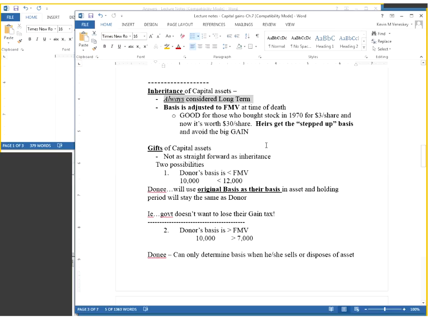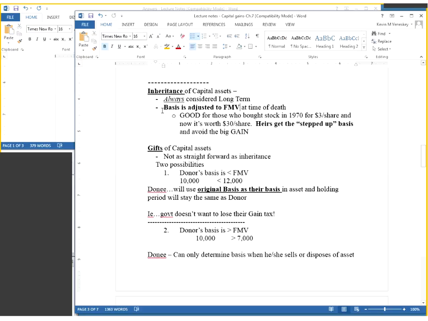So, for example, somebody died in your family and they just bought stock not 2 months ago. And they died, you inherited it, and then 2 months later you turned around and sold it. That would be considered a long-term capital item. So if there was a gain, you would get that better treatment, even though you only had it for 2 months, and total, you and your family member only had it 4 months. It doesn't matter. In the case of an inheritance, it's considered long-term no matter what.